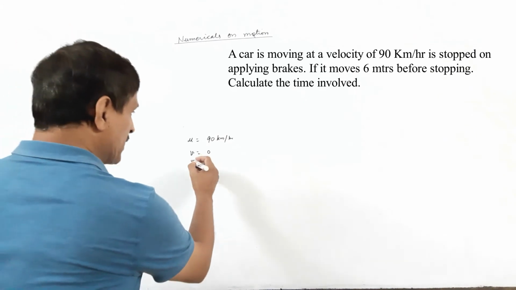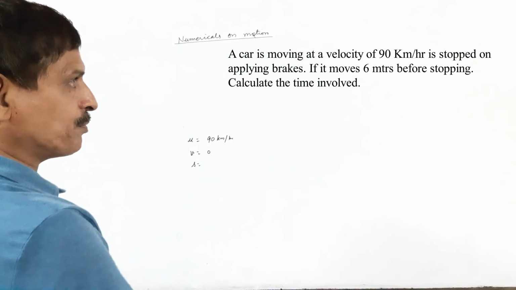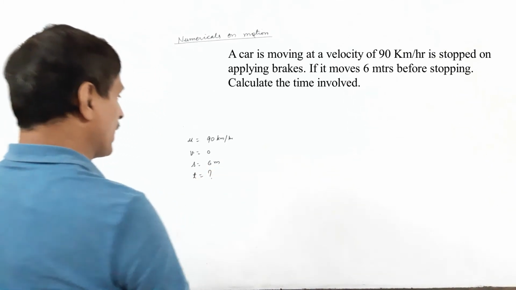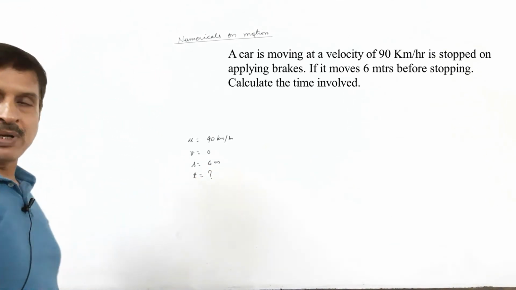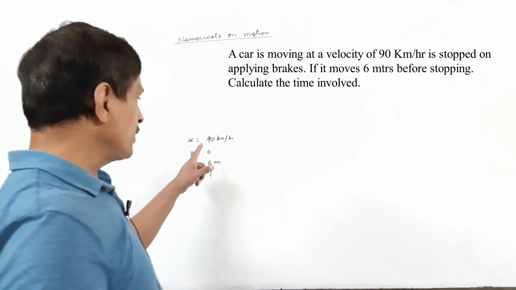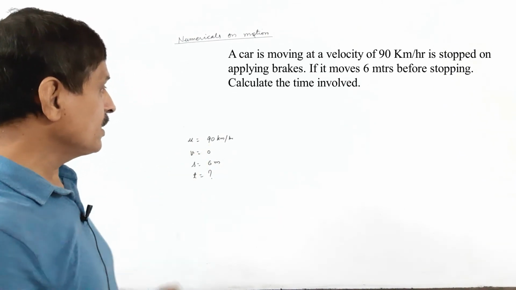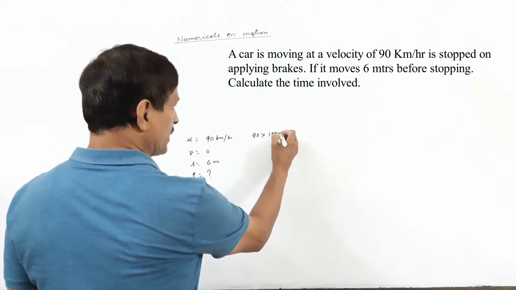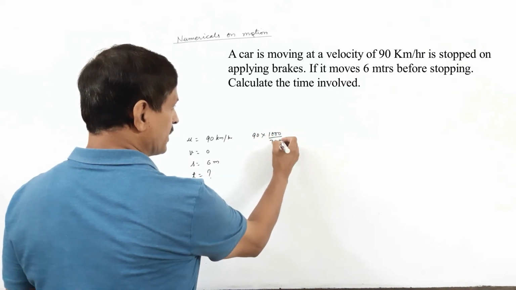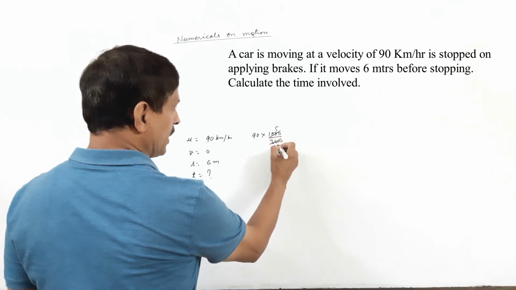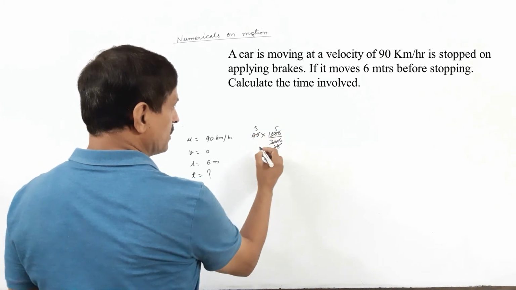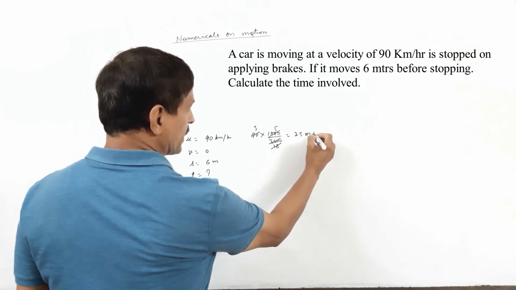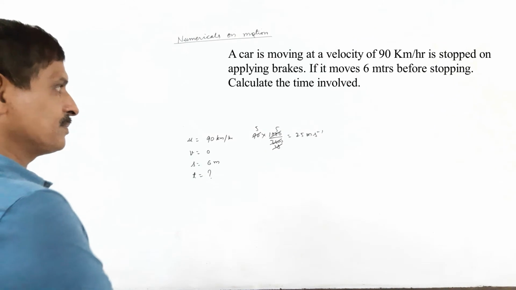So displacement s is given to be 6 meters and time is required. Step 1, we have to change the unit of initial velocity, so we multiply 90 by 1000 upon 3600, and this is 5 by 18 times 90, so it is 25 meter per second.